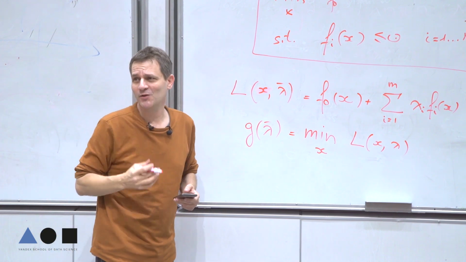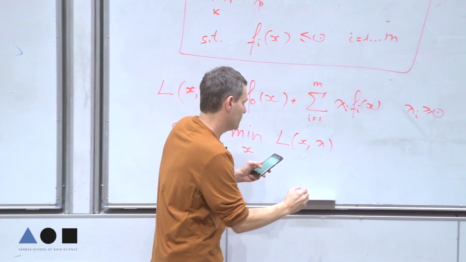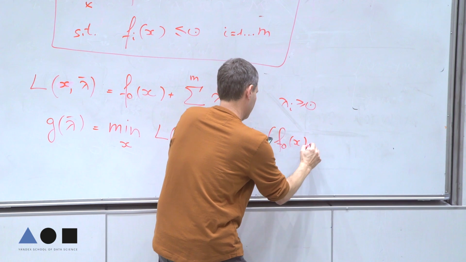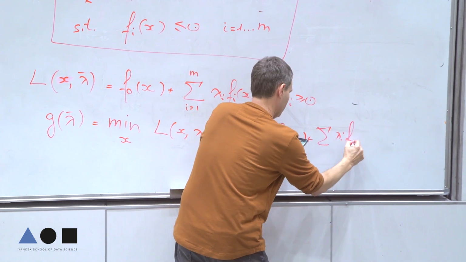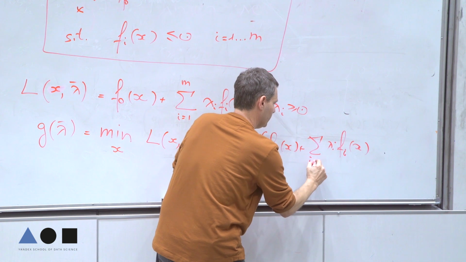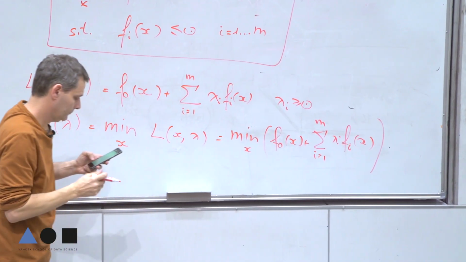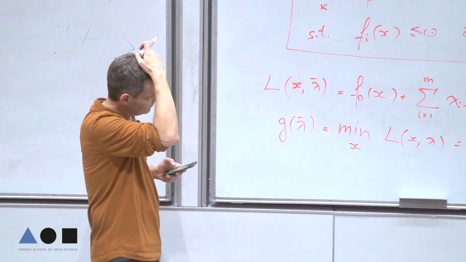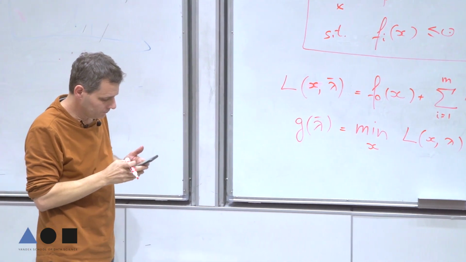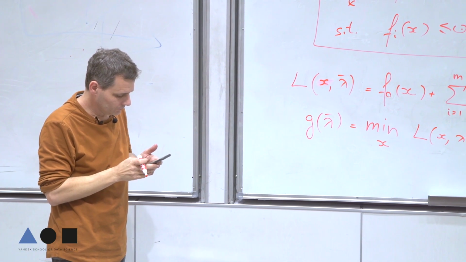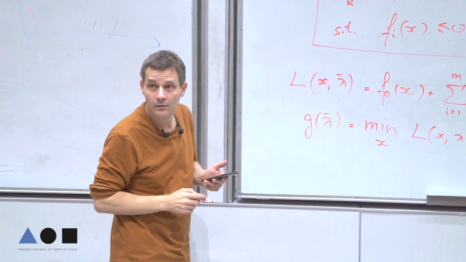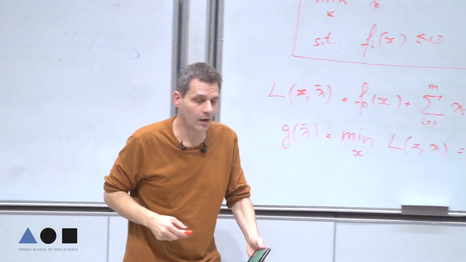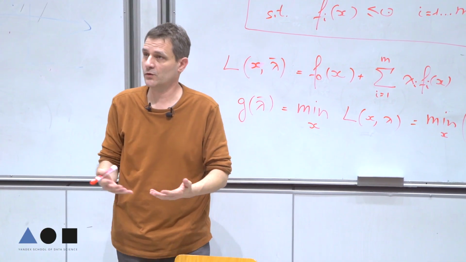But conceptually. So this means you have the minimum over x of f0 of x plus all these Lagrange multipliers times the fi's, which are other functions that define your constraints.